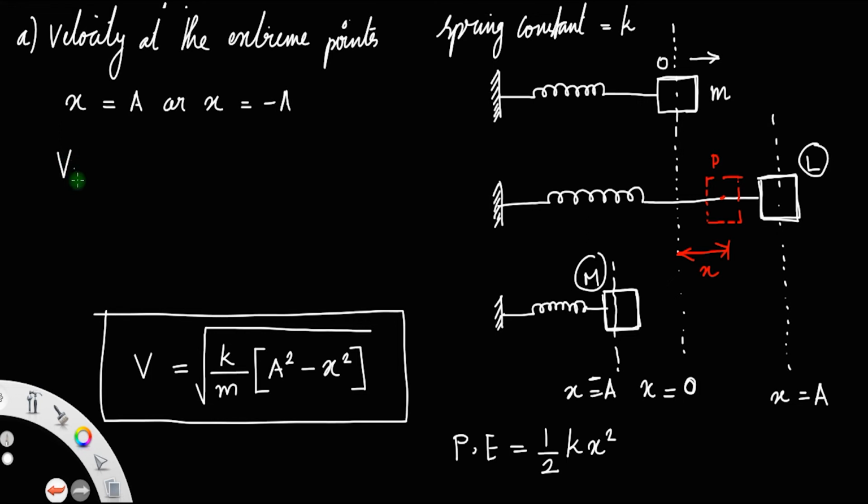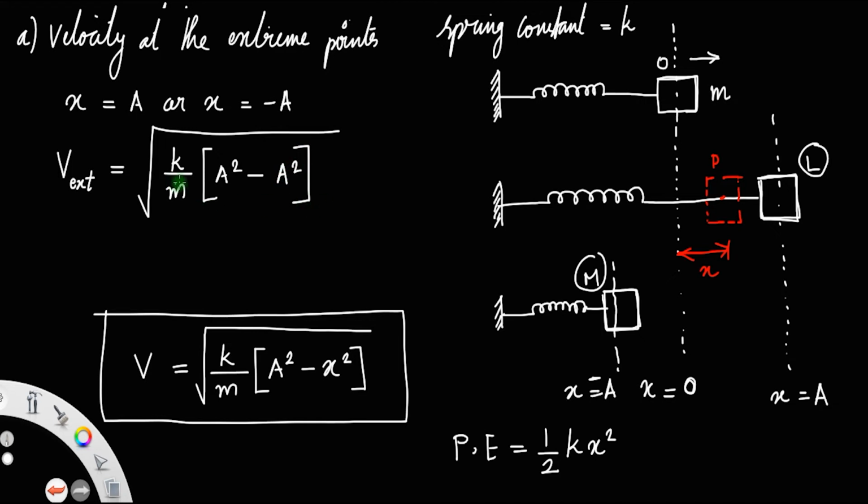So velocity at extreme is equal to root of k by m times a square minus, it doesn't matter whether it is x is equal to minus a or x is equal to plus a. Anyway, the square of a or minus a is a square. So the value will be 0. So at extreme position, there is no velocity.